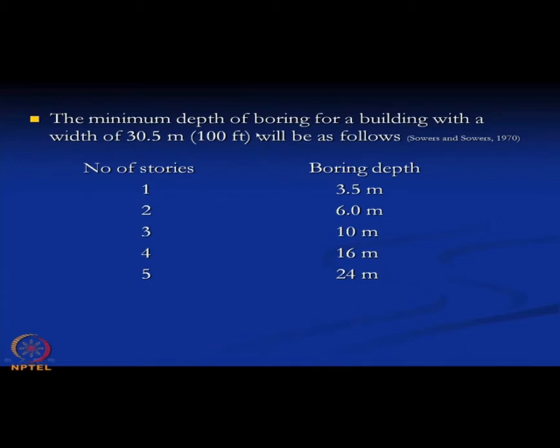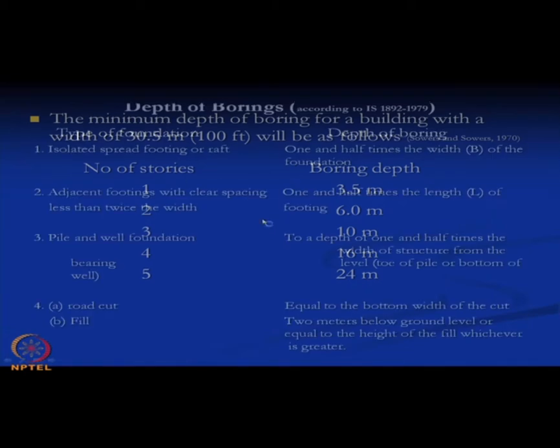If the number of stories is 1, then the boring depth is 3.5 meter, and if the number of stories is 2, then the boring depth is 6 meter. If the number of stories is 3, then the boring depth is 10 meter. If the number of stories is 4, then 16 meter. If it is 5, then it is 24 meter. So, this is a typical example shown here.